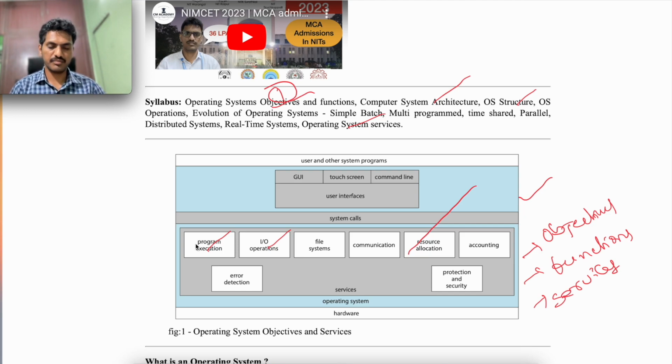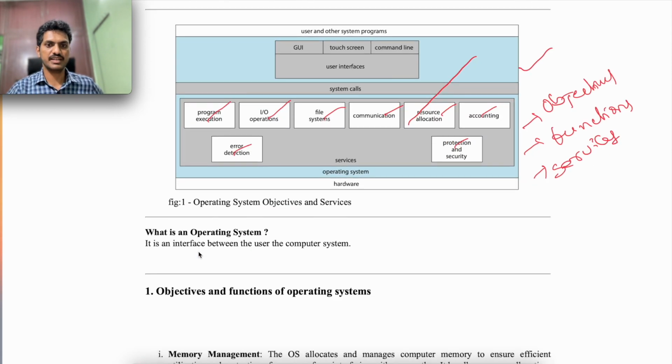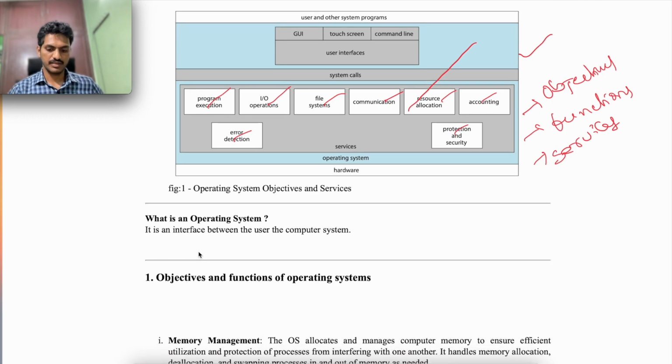So try to remember all these words in the diagram, and write 4-5 lines, at least 3 lines, about each function you see here. And also you write the definition for operating system.